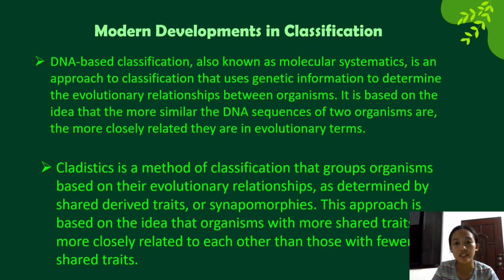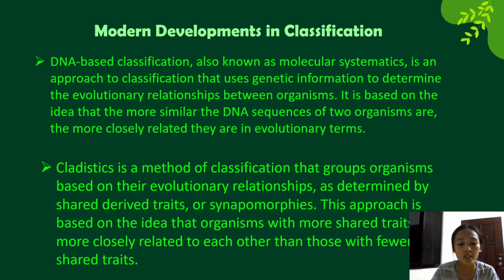Modern developments in classification. DNA-based classification, also known as molecular systematics, is an approach to classification that uses genetic information to determine the evolutionary relationship between organisms. It is based on the idea that the more similar the DNA sequences of two organisms are, the more closely related they are in evolutionary terms.